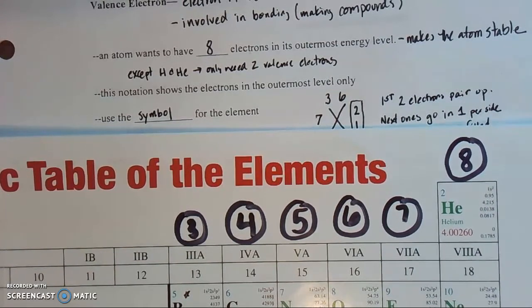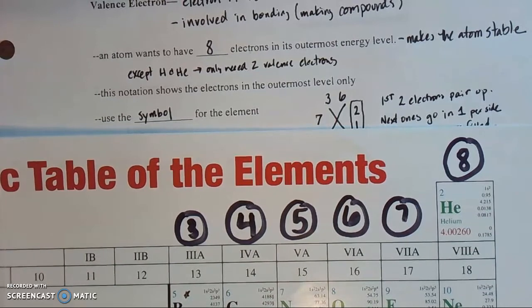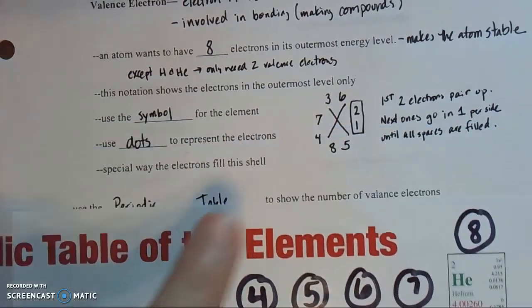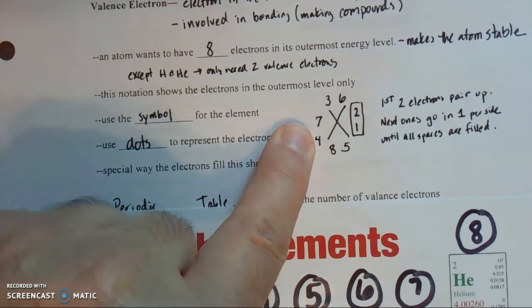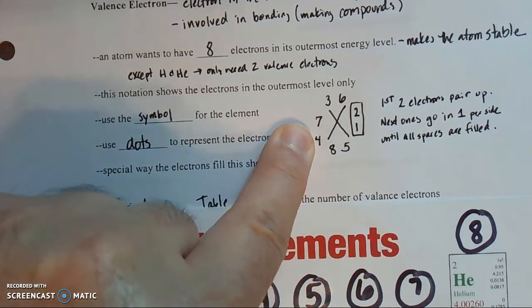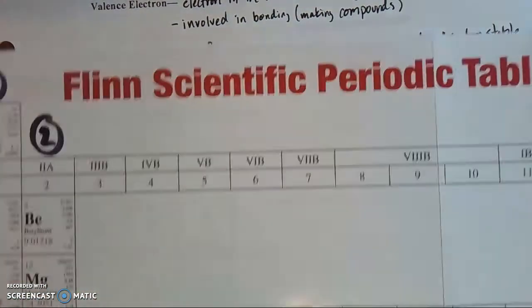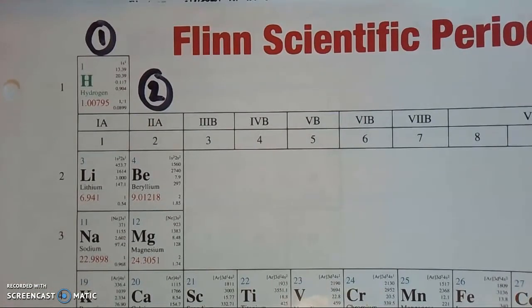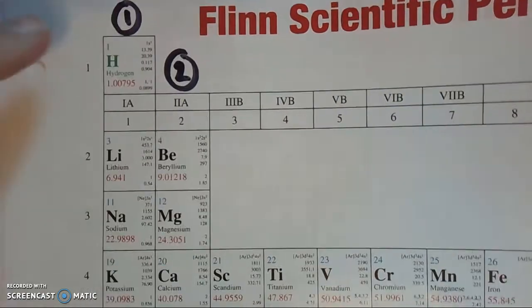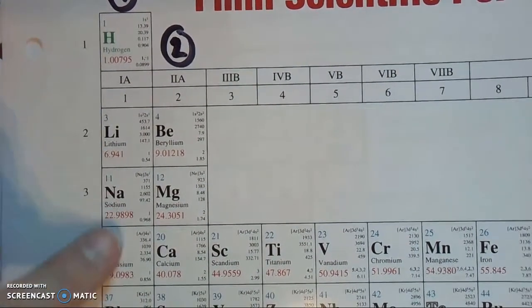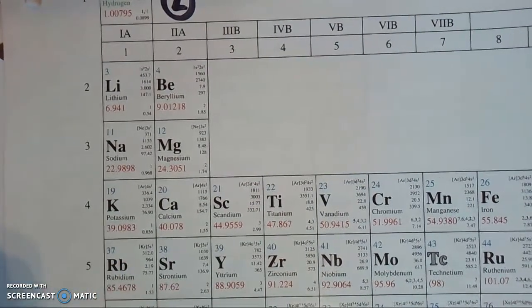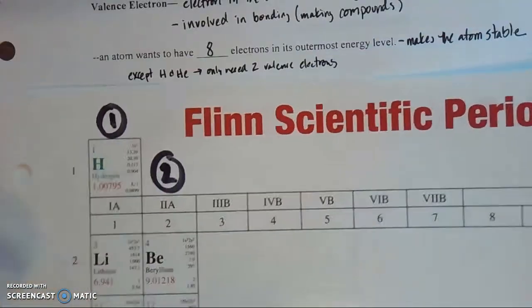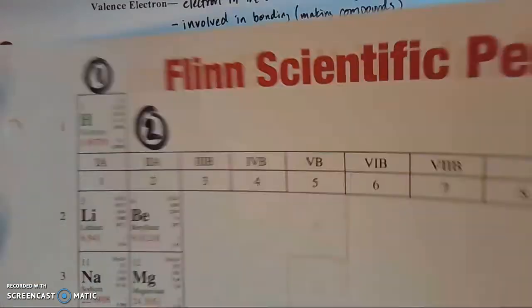So we have 8 of these tall columns on the periodic table. We have 8 slots for valence electrons. What this number tells us is how many valence electrons there are for the elements in that column. So everything in the first group here, hydrogen down through francium, has 1 valence electron.